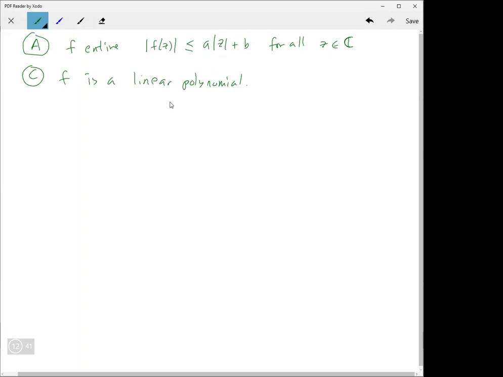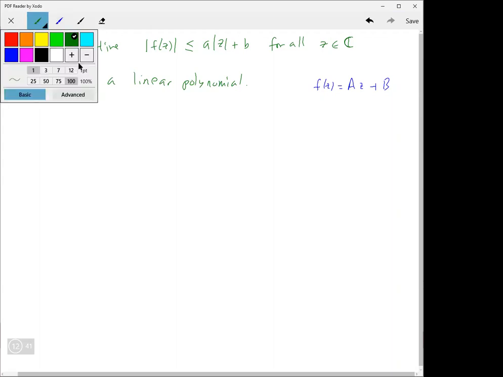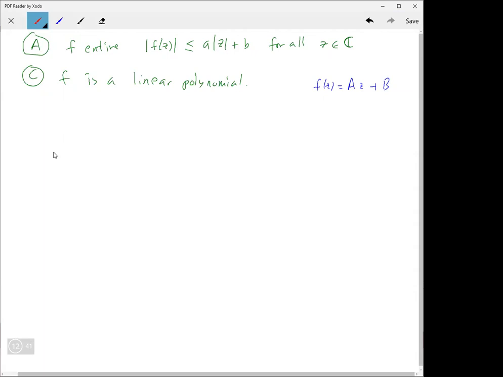And we want to show that f is a linear polynomial. An example of a linear polynomial is going to look something like az plus b, right? A polynomial of degree 1.